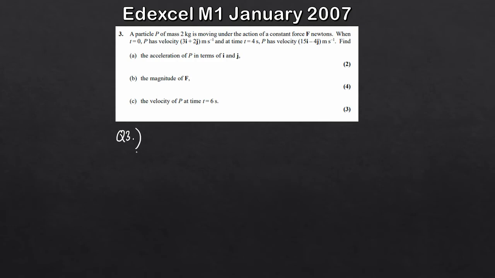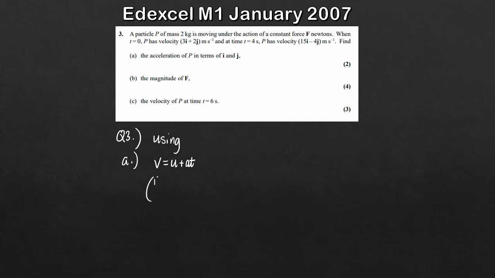So again, due to the fact that we've got an initial velocity and a time, I'm going to use v equals u plus at. So in that case, what's this going to be? Well, we know v in this case is our final velocity here, which is 15i minus 4j.